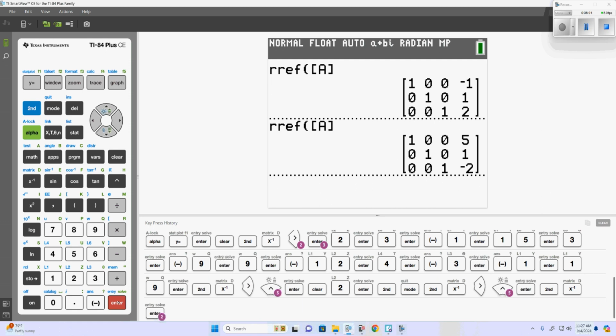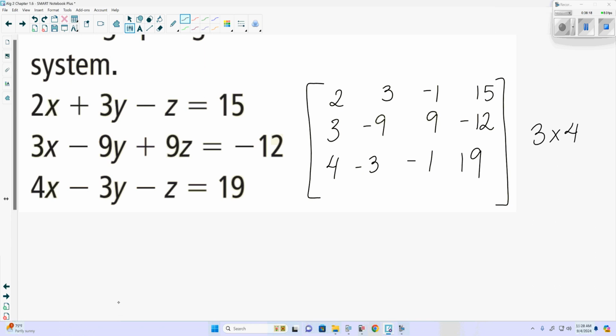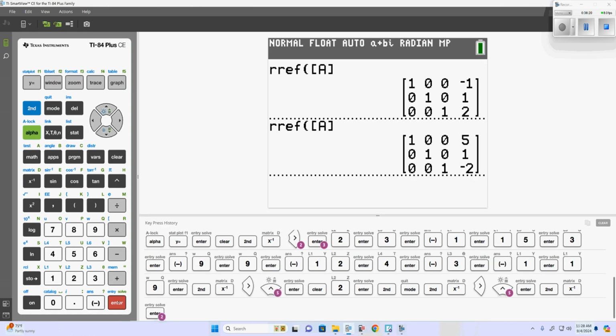I've just used these a while. So, are we liking these so far? All right. So this here was 5, 1, -2.